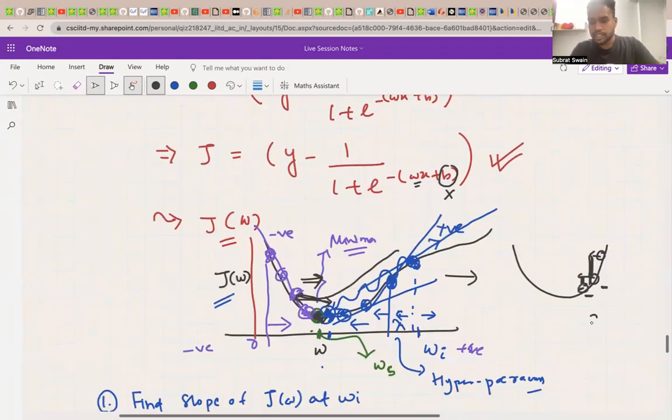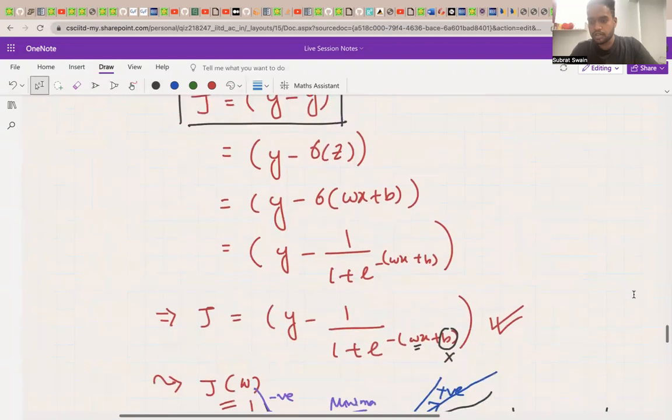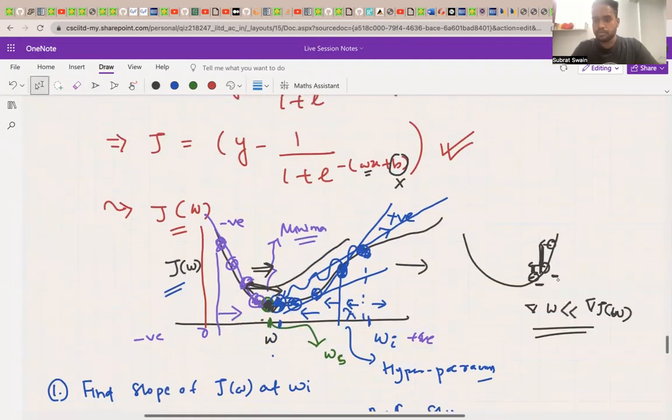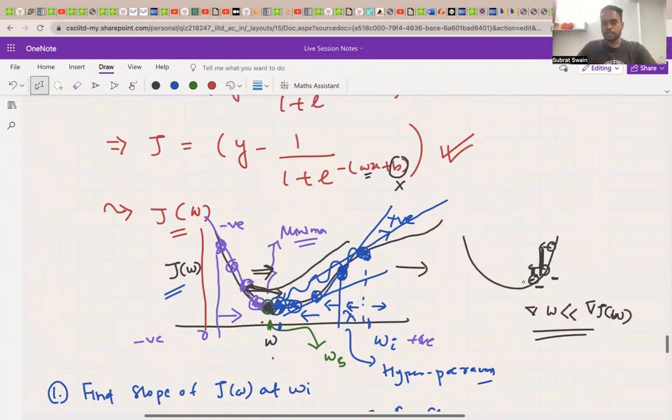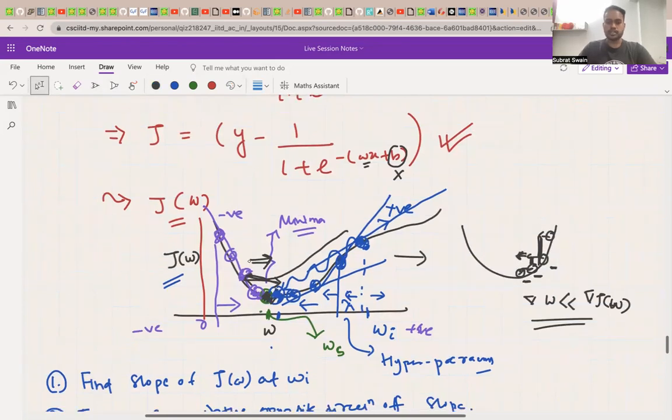So the change in W is much less than the change in J of W. Even if you move here, the change in W is the same, but the change in J of W is much smaller.